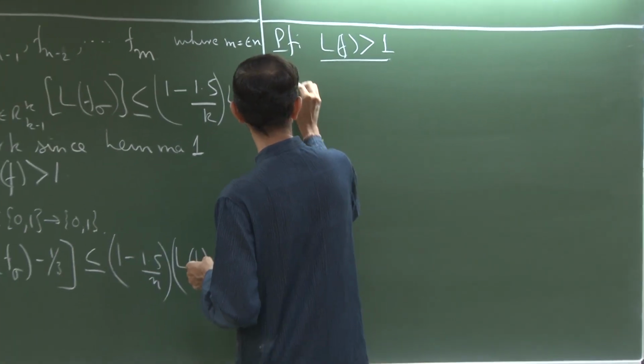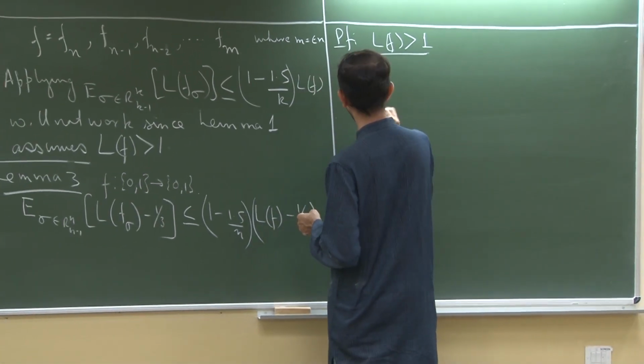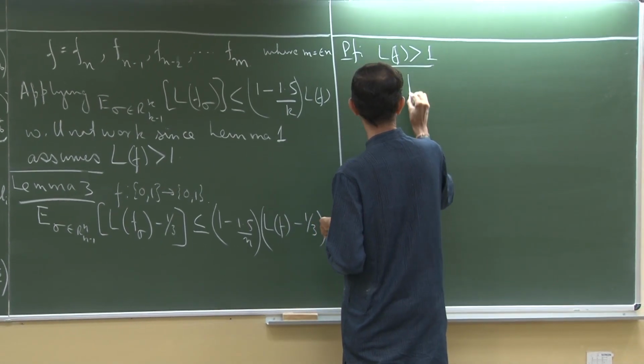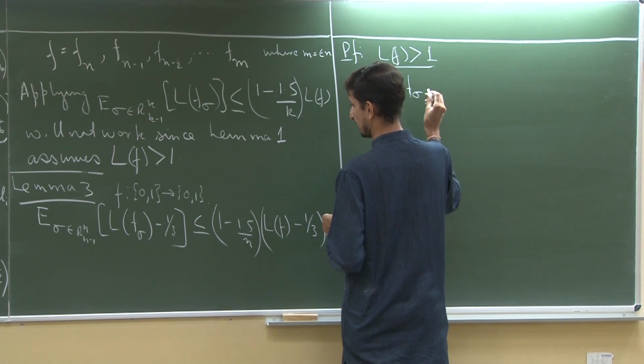So, the left hand side is the expected value of L of f sigma.